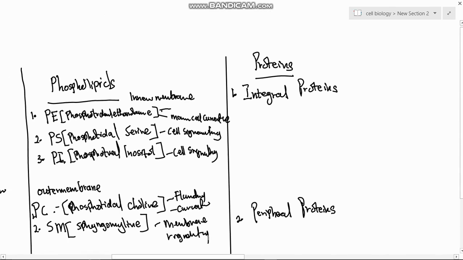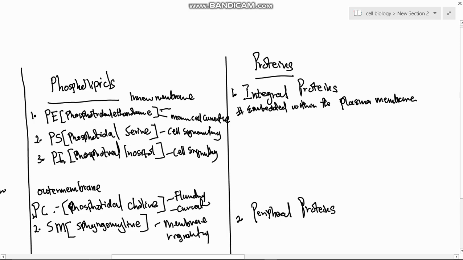So embedded in the cell membrane is a protein we call integral protein. So integral protein, what we have to notice is that they are embedded within the plasma membrane. So there are different types of integral proteins that are embedded within the cell membrane.